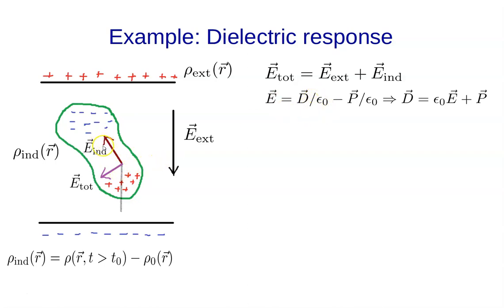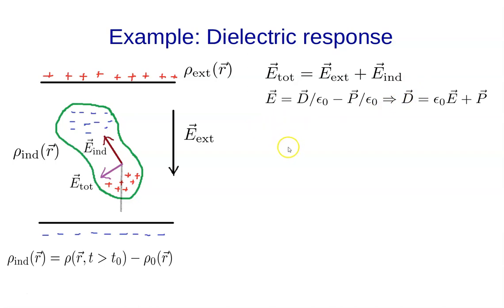And this induced field is usually called minus the polarization of the system. This is what you find in textbooks, so that the displacement is epsilon zero times the total electric field plus the polarization. And in fact, this is the one that you're going to write Gauss's law with, all right?